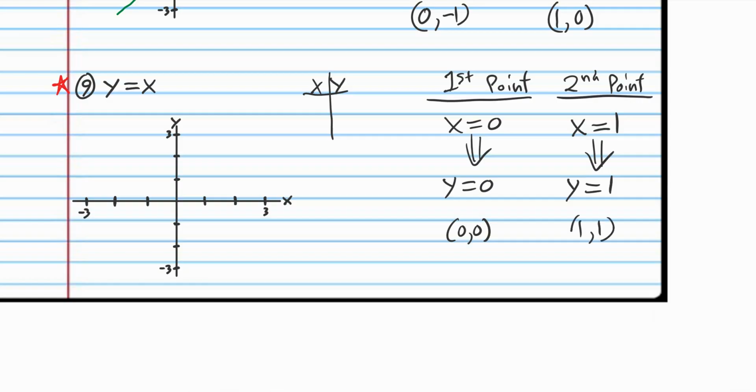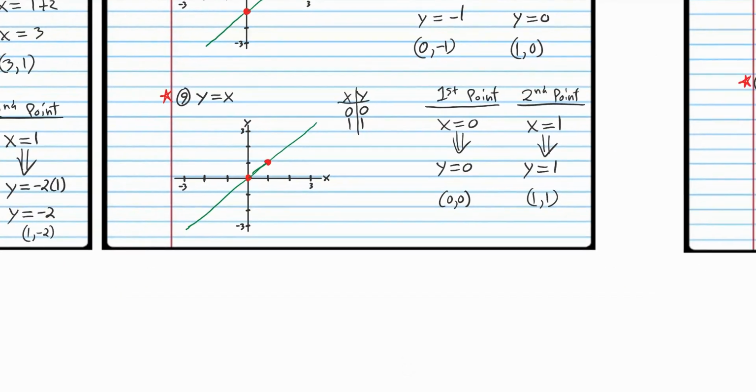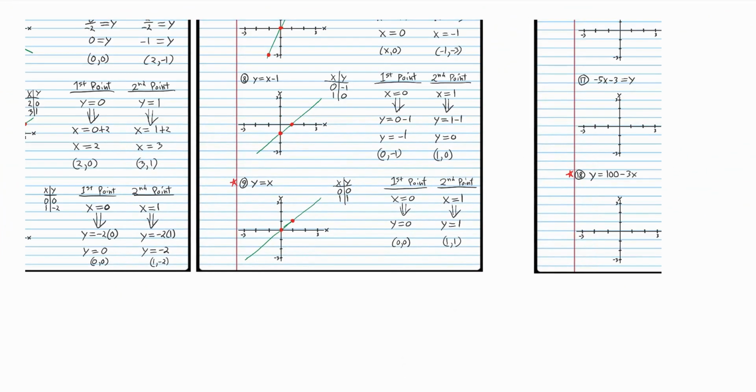So the point is 1, 1. So we have 0, 0 and 1, 1 in our table there. And connect those dots. All right. So if you got that graph, good job.